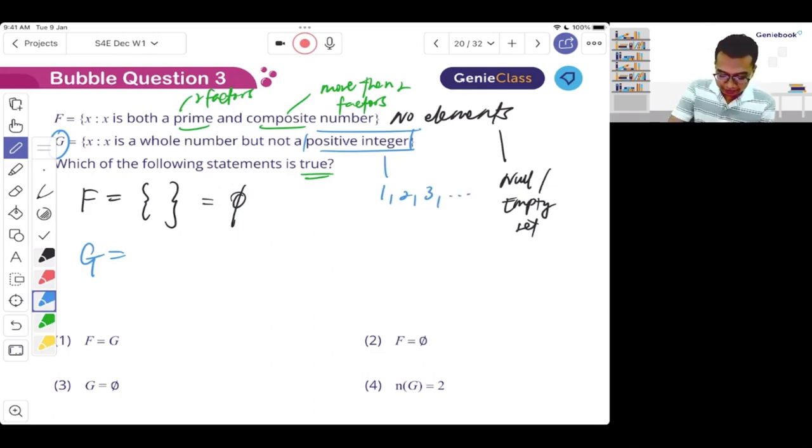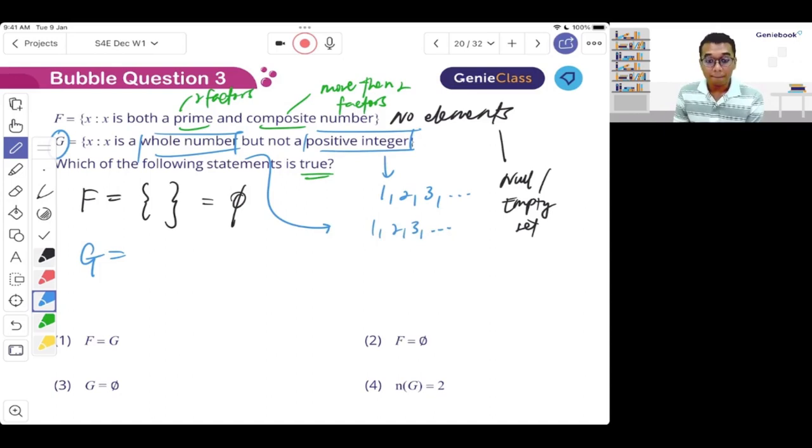Okay, but now let me ask you about whole numbers. Whole numbers, we start from what? What's considered a whole number? 1, 2, 3 are whole numbers, yes. Also no decimals, but we have to start from zero because actually zero is also a whole number.